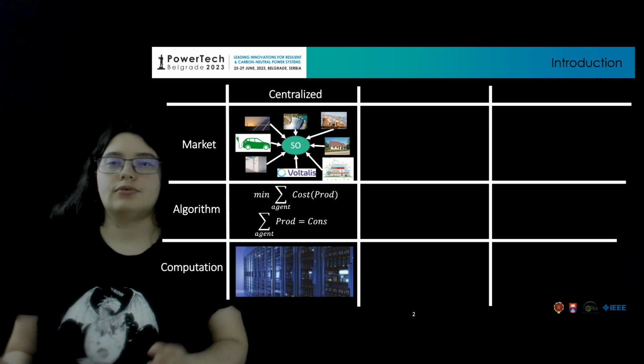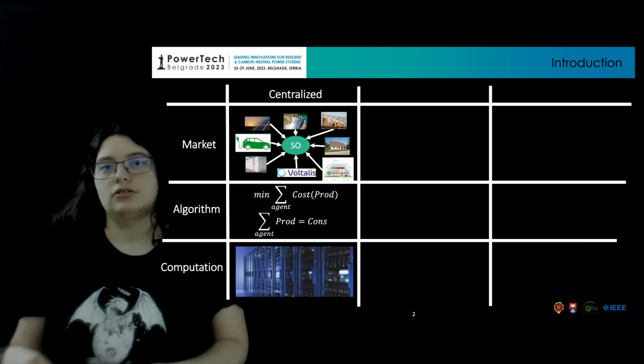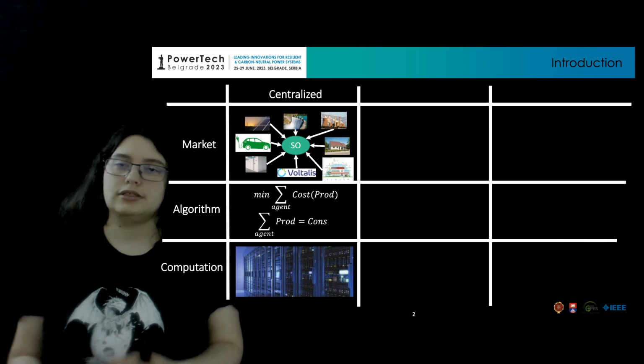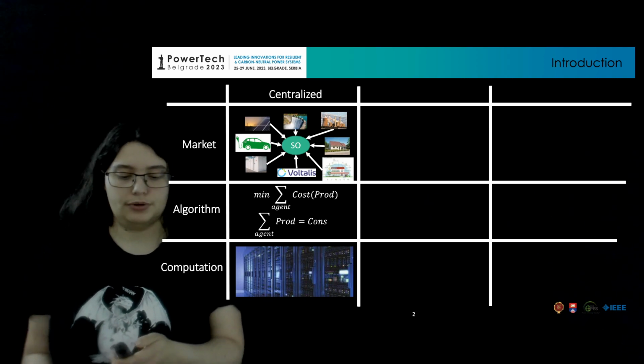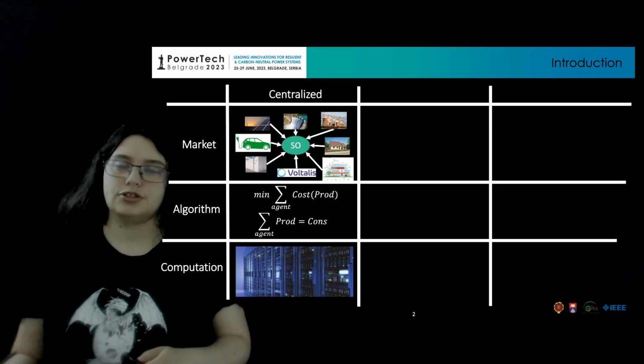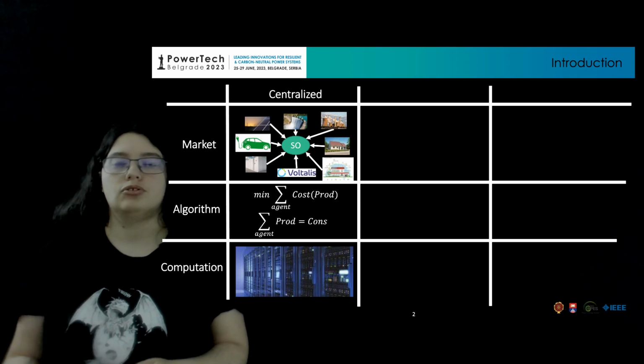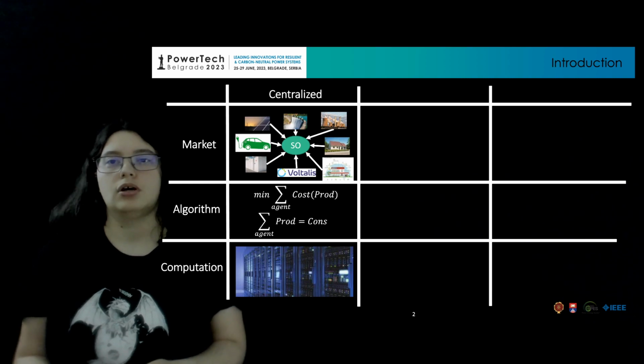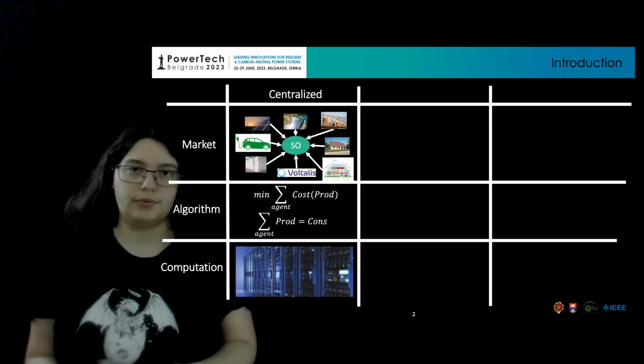But with the increasing number of agents in the market and the increased integration of renewable energy, researchers show that decentralization is a better way to solve this problem.